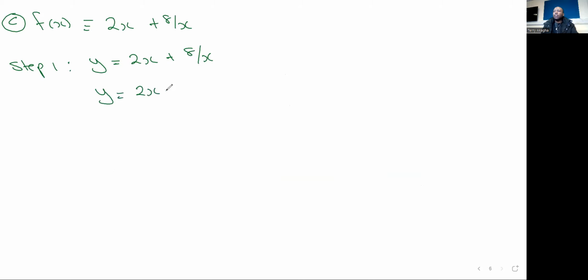So it's 2x plus 8 over x, which is the same thing as 8 times 1 over x. Are you seeing it? 1 over x is the same thing as x to the power minus 1, and this will give you 8x to the minus 1. Does that make sense?